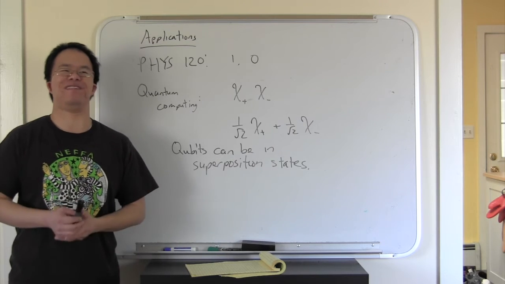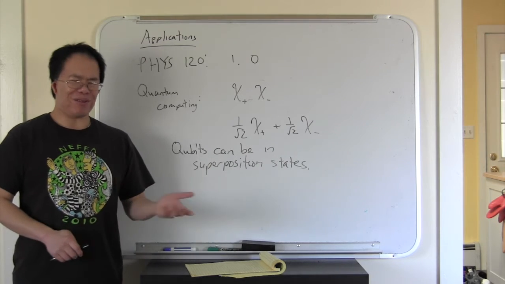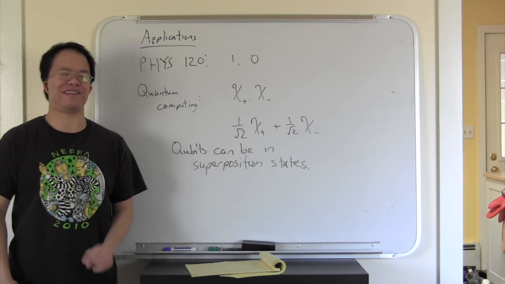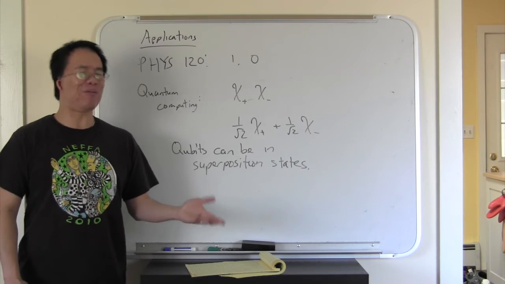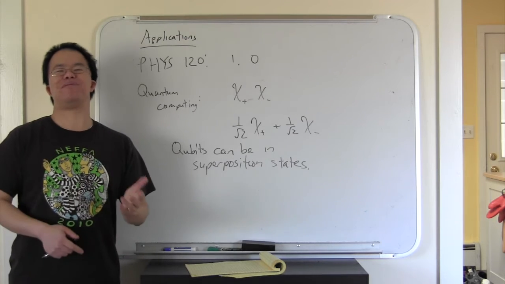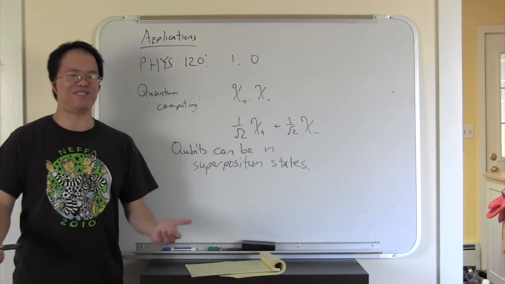When you log into your bank account, or frankly probably Homework Connect, I'm pretty sure that hopefully is all encrypted. A lot of that encryption is based on it being really hard to factor large numbers.